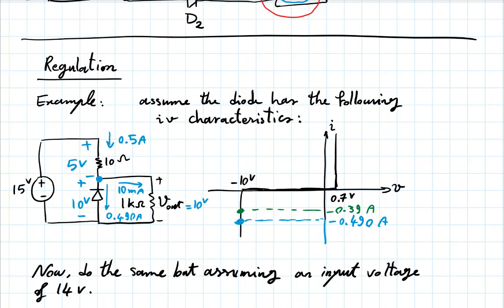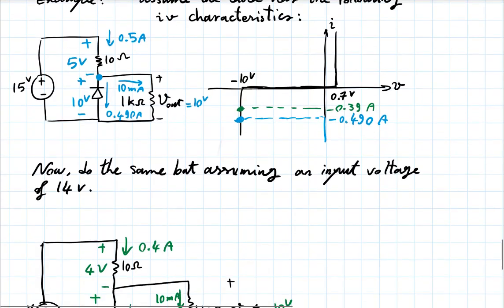A negative voltage, you see the polarity is reverse on the diode, and a current going in the reverse direction, right? So a reverse voltage and a reverse current. And that's operating in the breakdown mode.